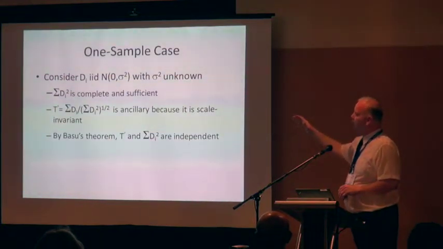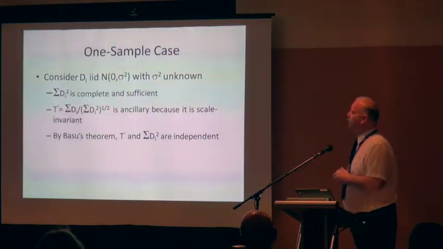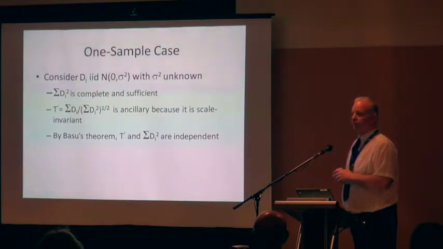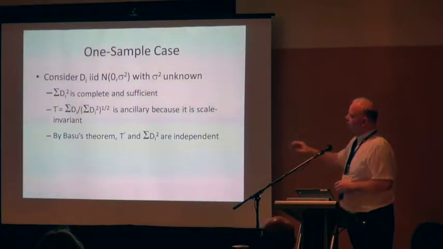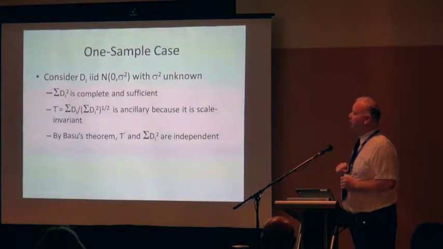So let's return to our setting where we have these differences that are normal with mean zero and variance sigma squared, and sigma squared is the parameter. That's the unknown here. Then it can be shown that the sum of the di squareds is a complete and sufficient statistic for sigma squared.